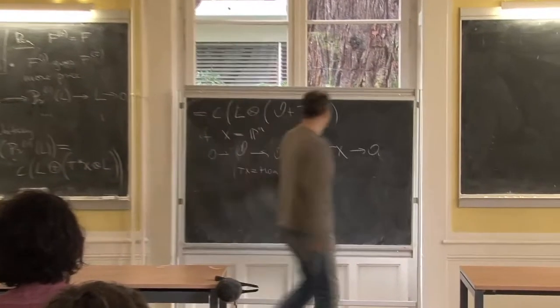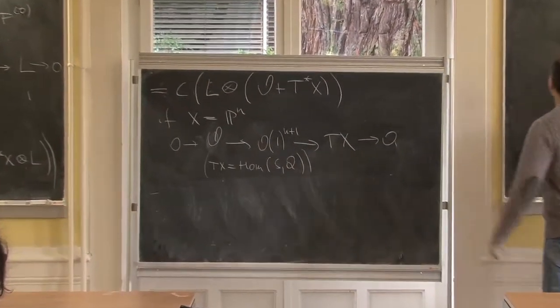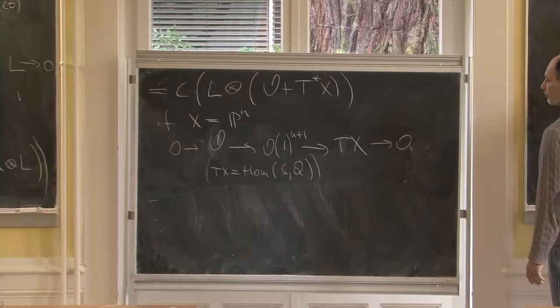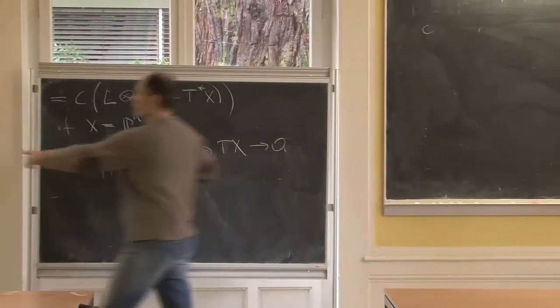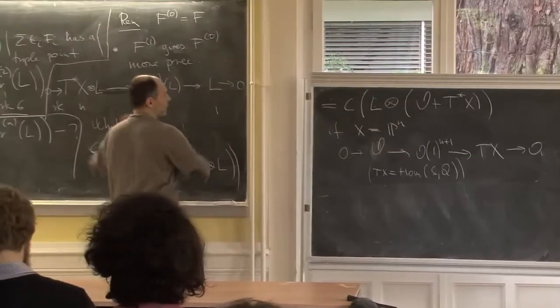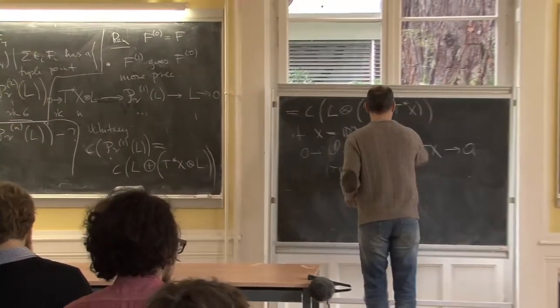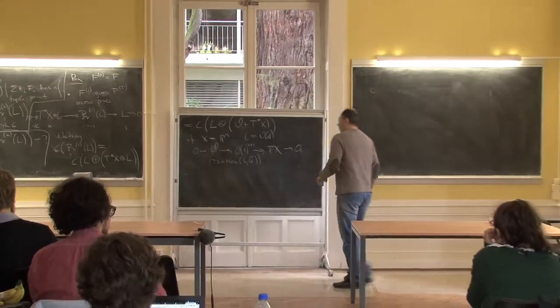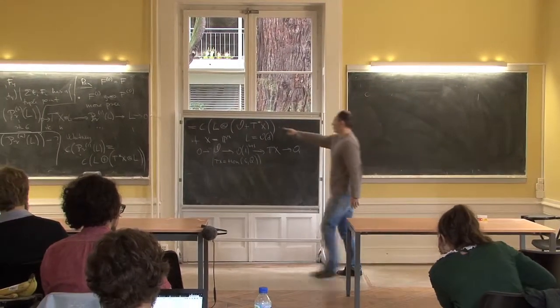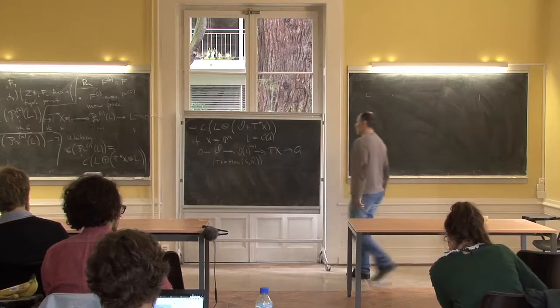So what does this say? What it says is the Chern class, so I apply the same principle to this exact sequence. To this one, these two are almost the same. So L over D in this case. So, yeah, what should I do?